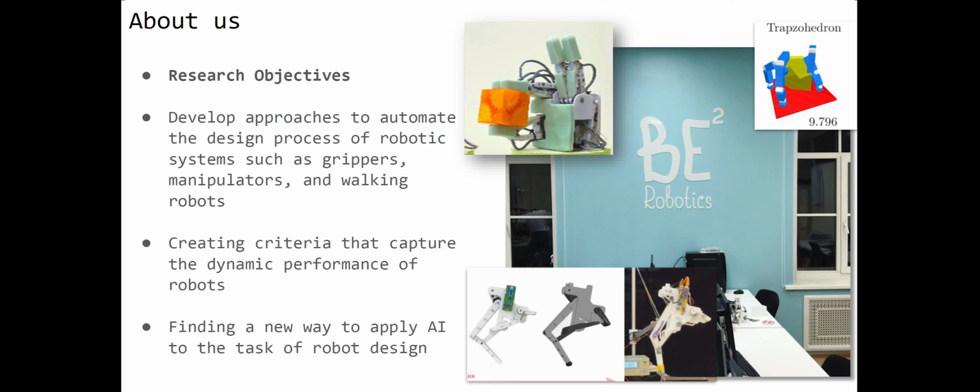By morphological computation, I mean creation of the robot's morphology, such as its link lengths, joint placement, spring stiffness allocation, and so on. Everything that relates to the mechanical design of robots. So we use artificial intelligence in terms of embodied intelligence, which means the intelligence of the mechanical design itself.